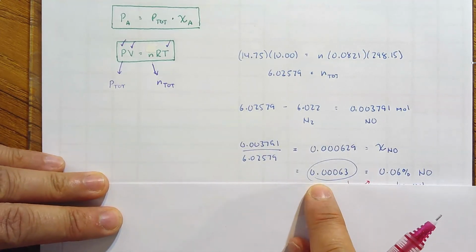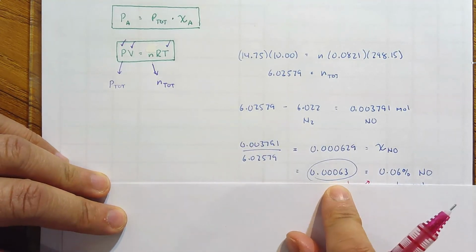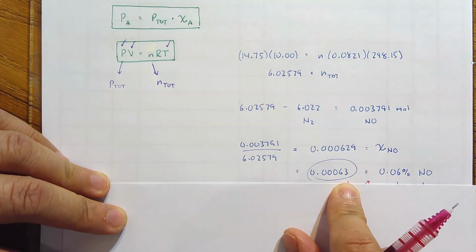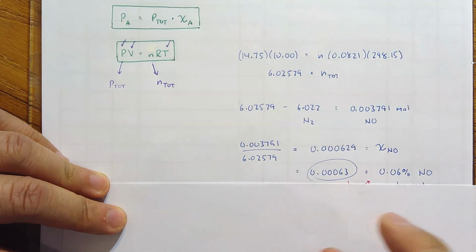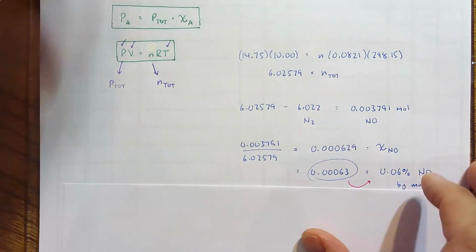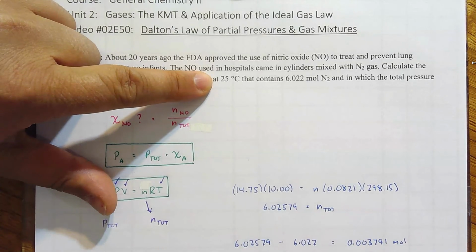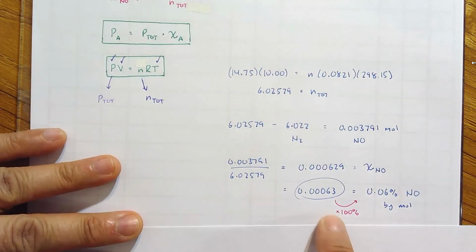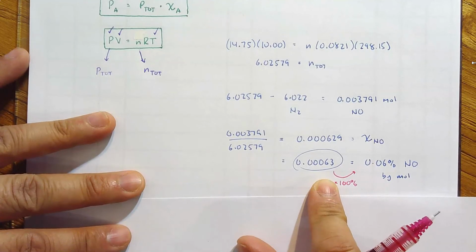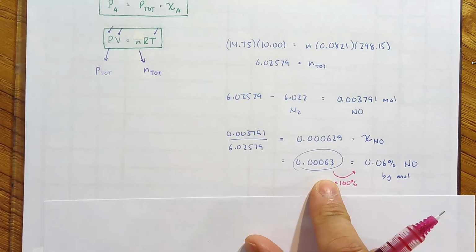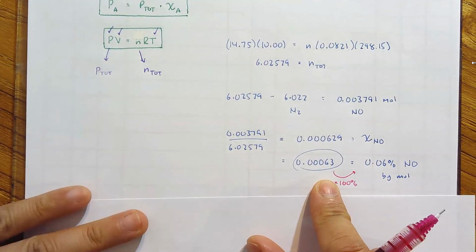Oh, I didn't round it to 4, I rounded it to 2 sig figs. Why would I do that? Oh, probably because of this 25 degrees Celsius, 2 sig figs. Anyway, that is your answer: 0.00063 mole fraction of nitric oxide.